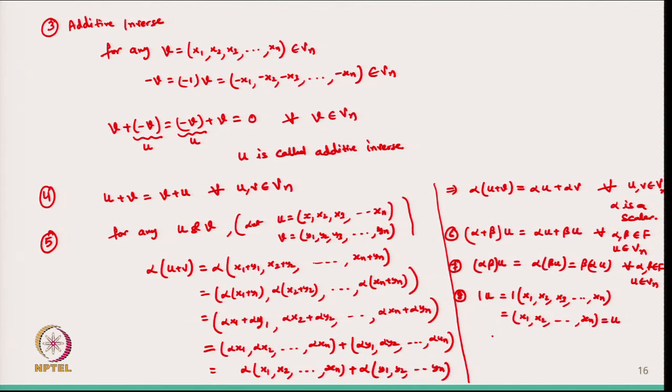So, from here I can write that 1 u is equal to u, and that is true for all u belonging to V n, and 1 is coming from the field F. So, this property is also satisfied. So, from here I can say that V n under the usual addition and scalar multiplication is a vector space, because it satisfies all the properties. So, based on this one I can say that this is a vector space.